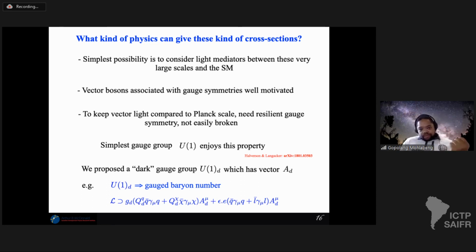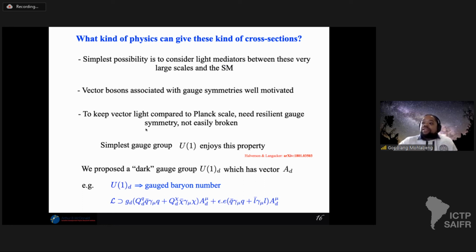Well, we know that vector bosons are protected by gauge symmetry. Their masses are protected by gauge symmetries. So let's consider some gauge symmetries. I can consider as many gauge symmetries as I want. How can I get a symmetry that is going to go down to the lower scales and survive, so that I can get this low mass mediator?